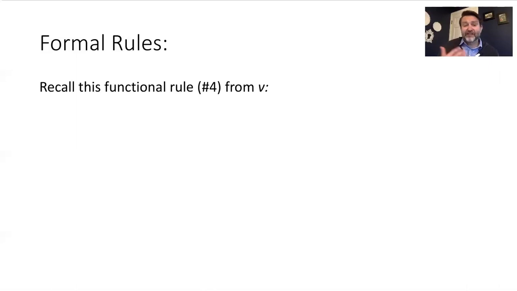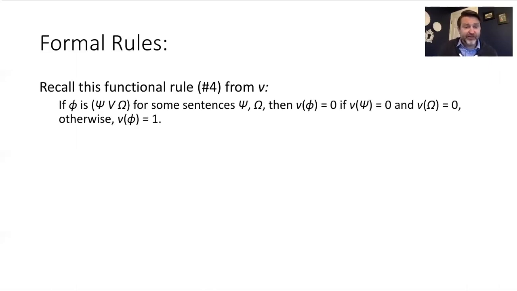So recall this functional rule. This is number 4 from V above. It said if phi is psi or omega, for some sentences psi or omega, then the value of phi equals 0 if the value of psi equals 0 and the value of omega equals 0. But otherwise, the value of phi equals 1.